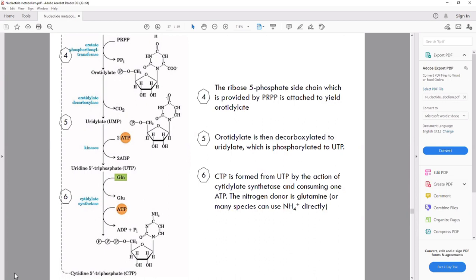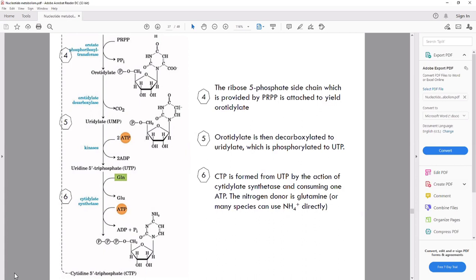Now in this pathway, we would like to synthesize, specifically the synthesis of pyrimidine, for example. But we don't want pyrimidine bases only. We would like to have one complete nucleotide.